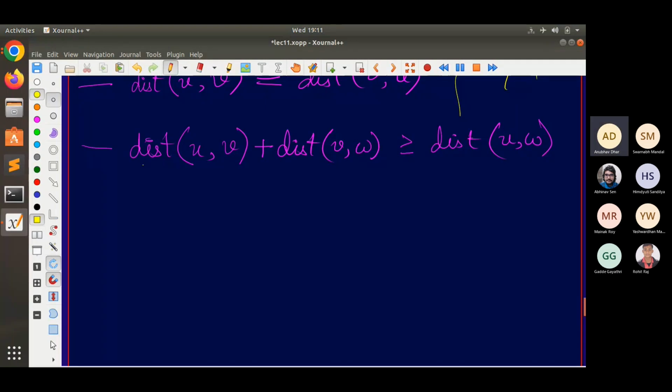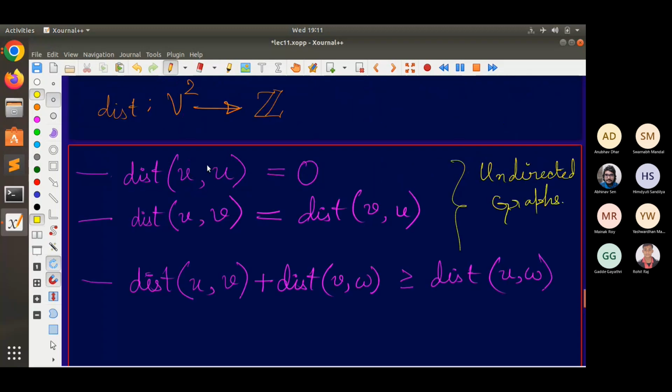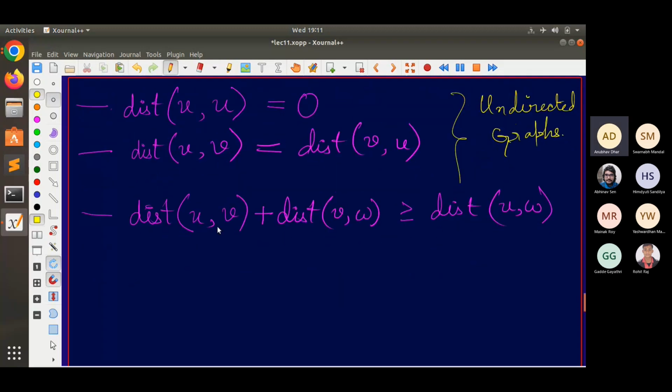Can anyone answer this? Okay, over here as well you have vertices. So in the triangle, you have the same setting, right?